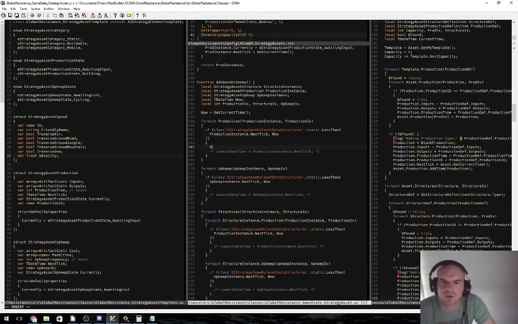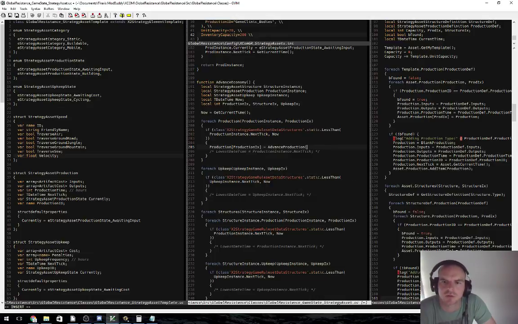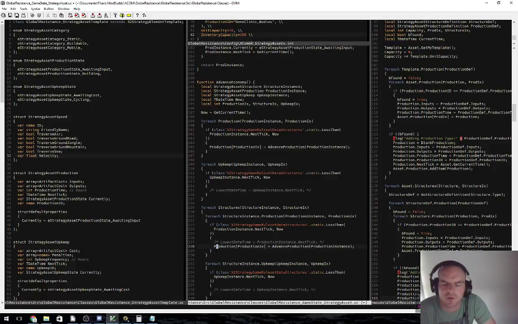So this would update, so production, production IX equals advanced production, production instance. And we've got the same thing going on down here, only this time we're doing it on the structure instance.